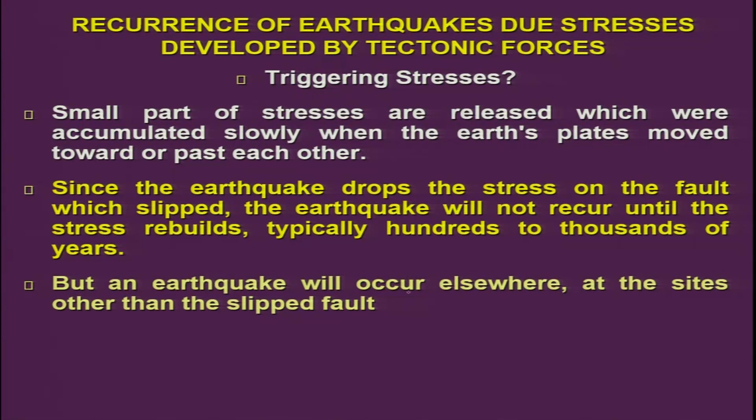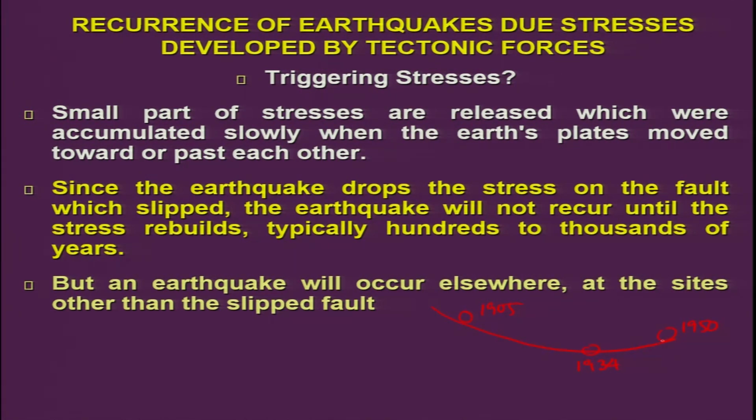But an earthquake will occur elsewhere, at a site other than the slipped fault. In this case, what we can conclude is that though the earthquake has occurred in a particular area, for example, in one of the slides I was talking about the 1905 earthquake, then 1934, and then 1950.